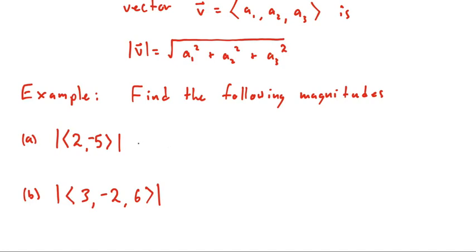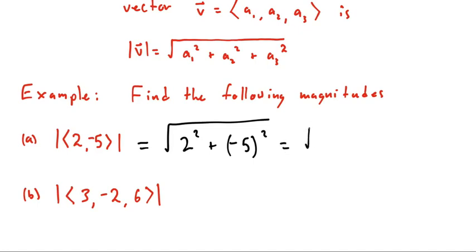Let's try this example. The magnitude of the vector ⟨2, -5⟩ is the square root of 2 squared plus -5 squared. If we simplify, 2 squared is 4, -5 squared is 25, so we have the square root of 29. That is the length of the vector ⟨2, -5⟩.